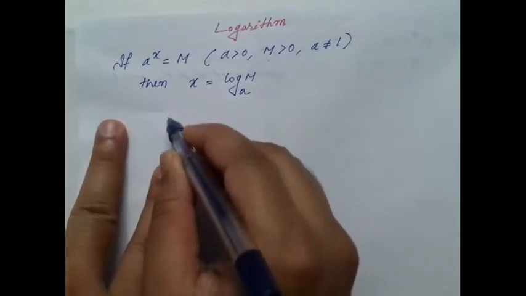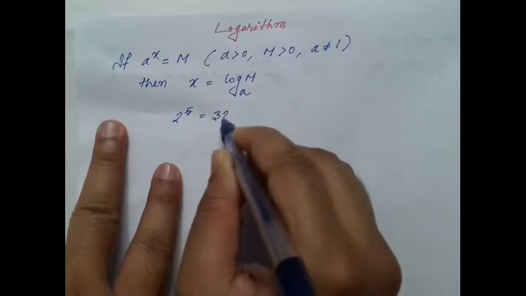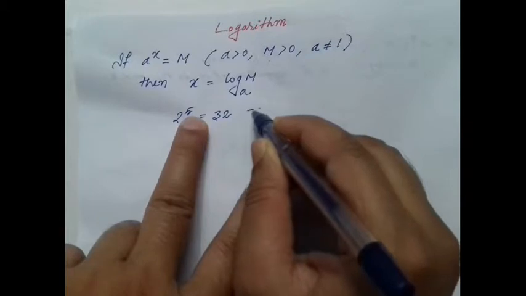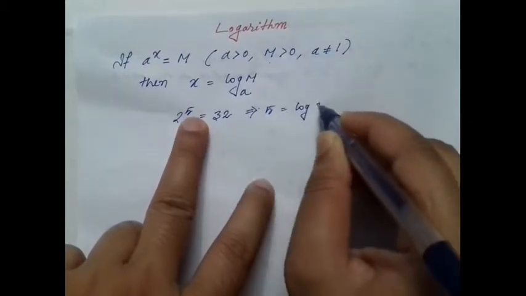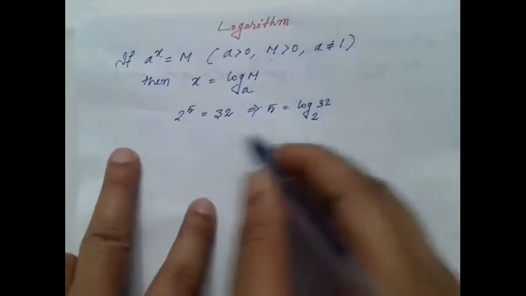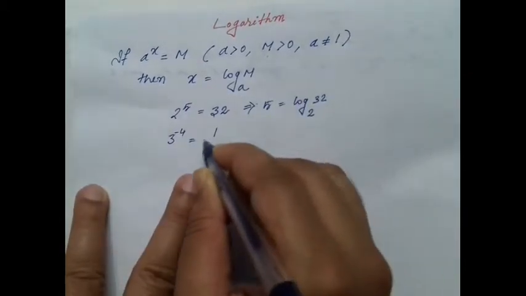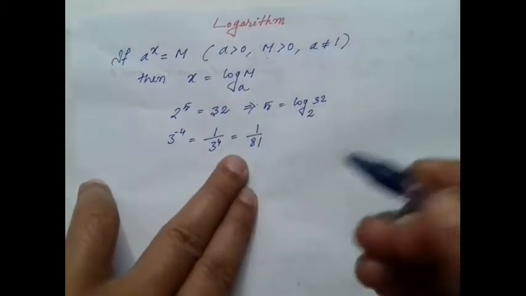As you have already seen, 2 to the power 5 equals 32, then the power 5 can be written as 5 equals log 32 to the base 2. 3 to the power minus 4 equals 1 by 3 to the power 4 equals 1 by 81.